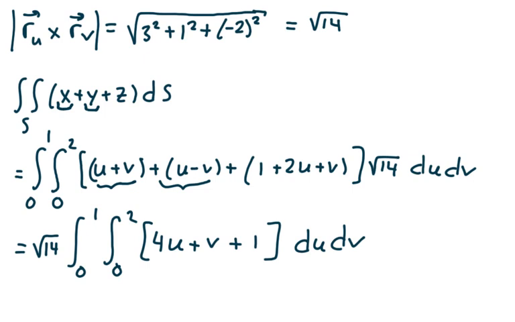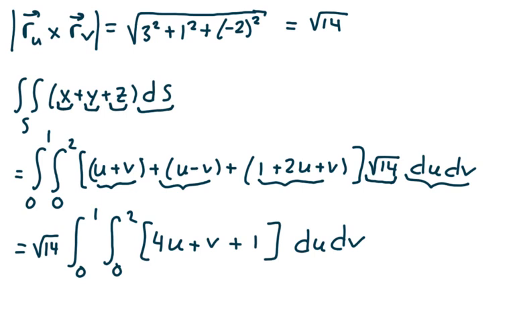That's right here. And then z is 1 plus 2u plus v. dS gets replaced with square root of 14 dA, but instead of dA, we have du dv. Okay, that's right here. So again, dS got replaced with square root of 14 du dv.